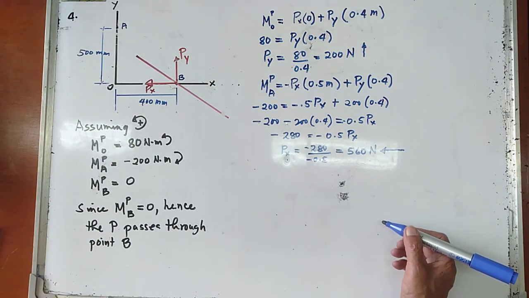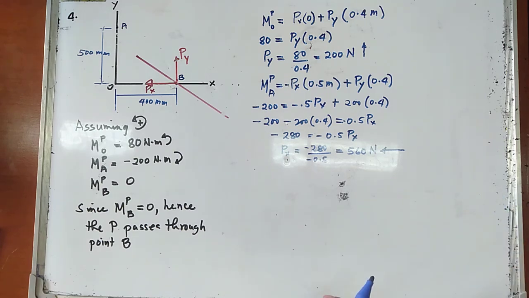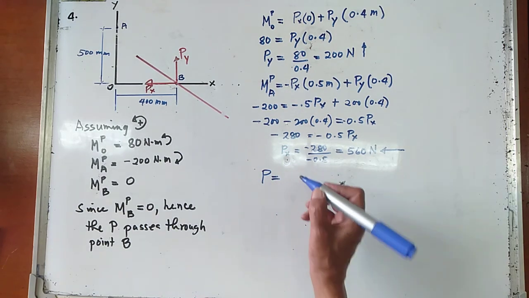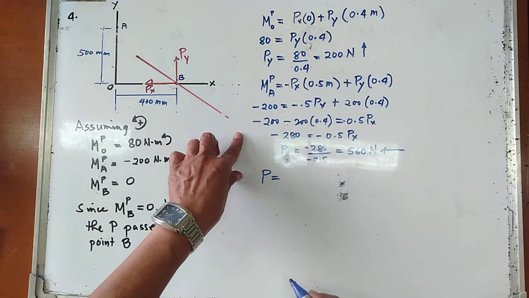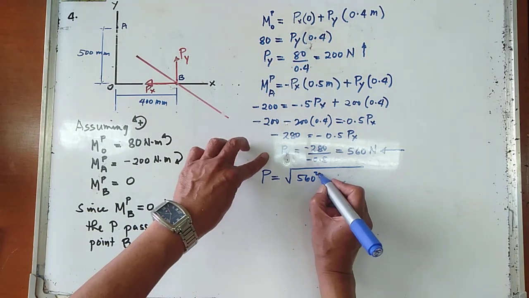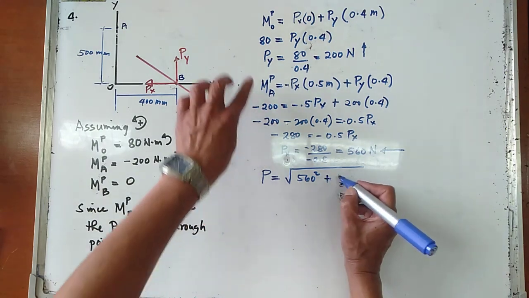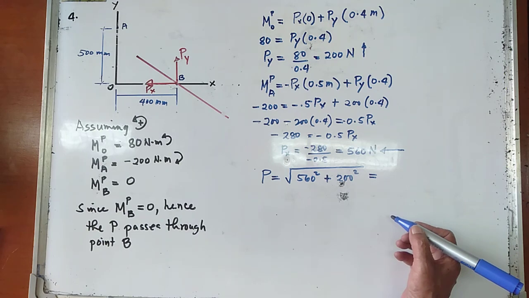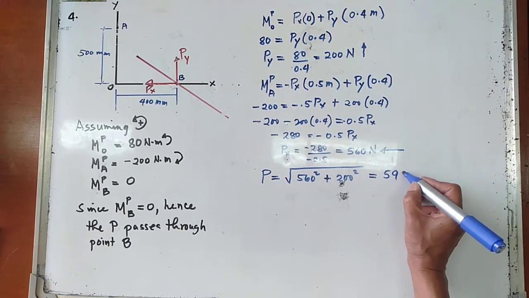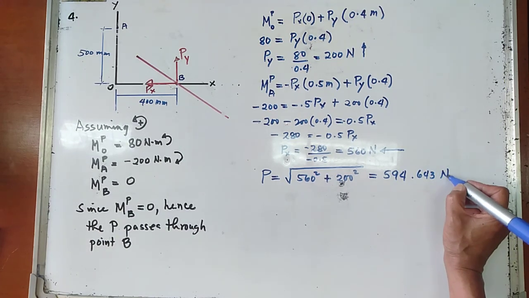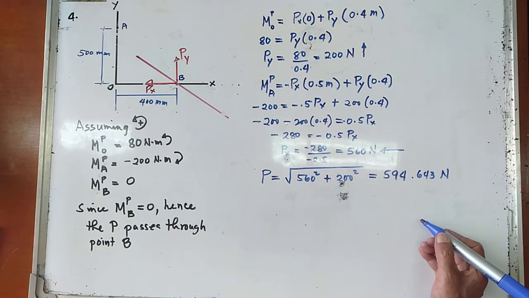Now, let us try to determine the value of P. The magnitude of P is equal to the square root of Px squared, 560 squared, plus Py squared, 200 squared. And that is equal to 594.643 newtons.